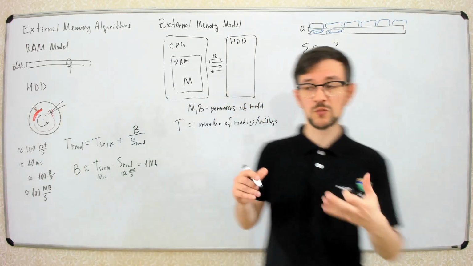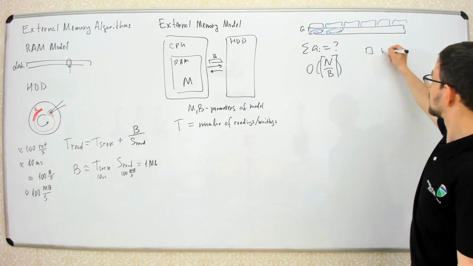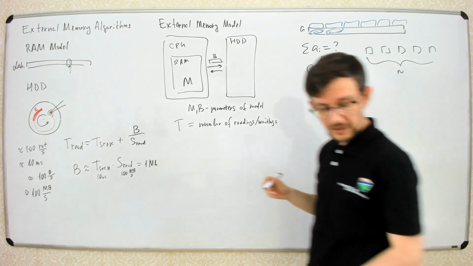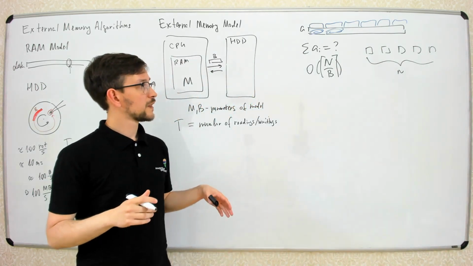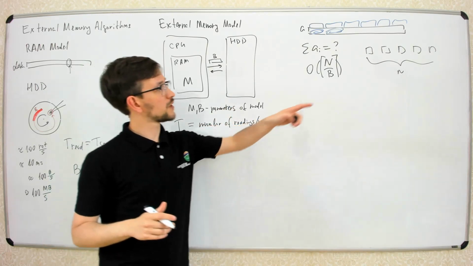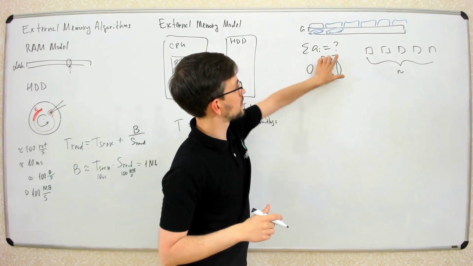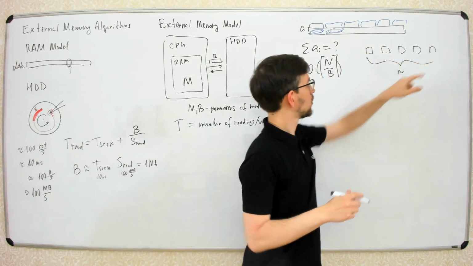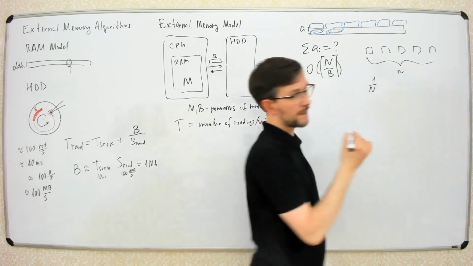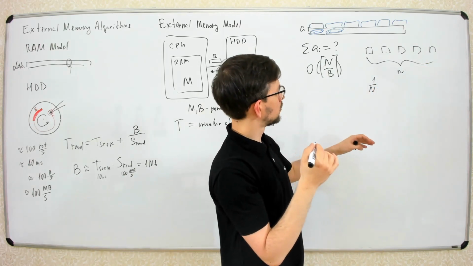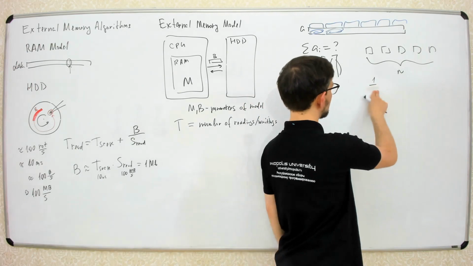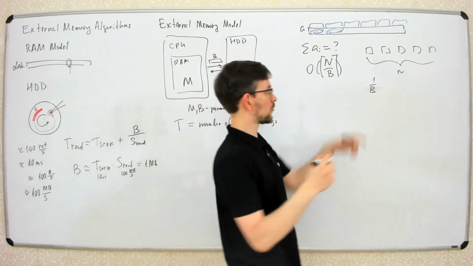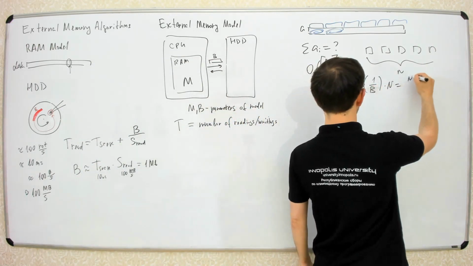If you just miss this ceiling, what happens? Say you have n arrays of size 1 and you want to read them one by one. If you omit the ceiling, the cost of each read will be 1 over b, and then you multiply the cost of a single read by the number of reads, and you get n over b.